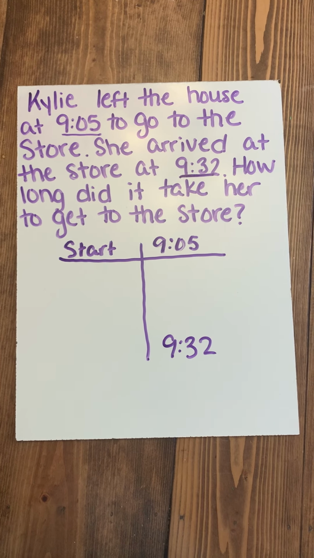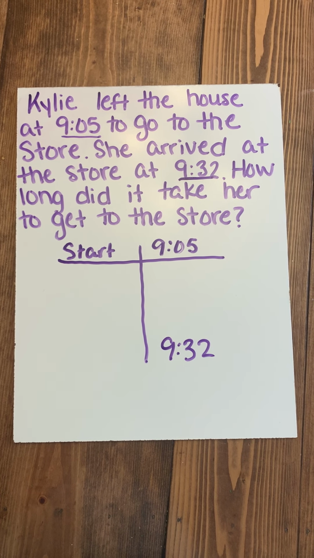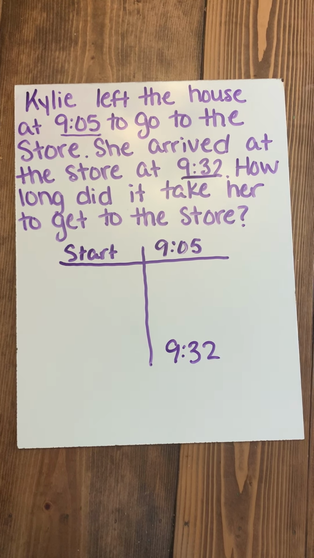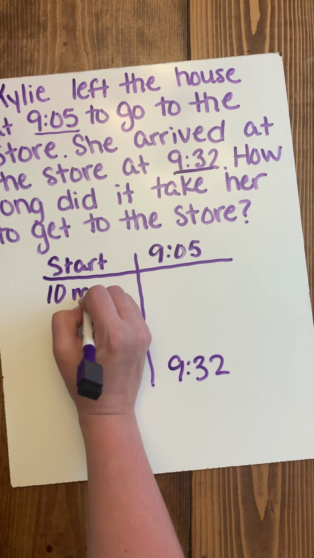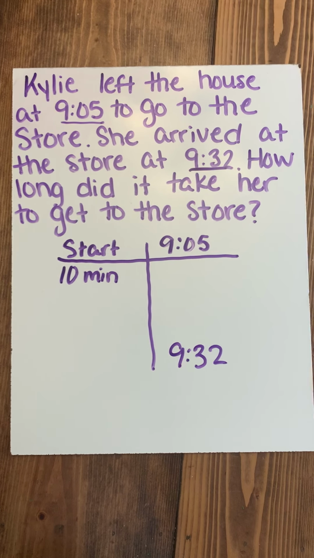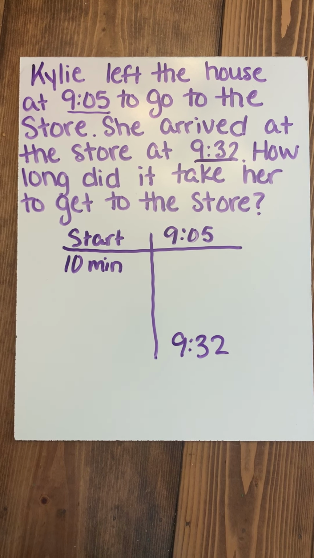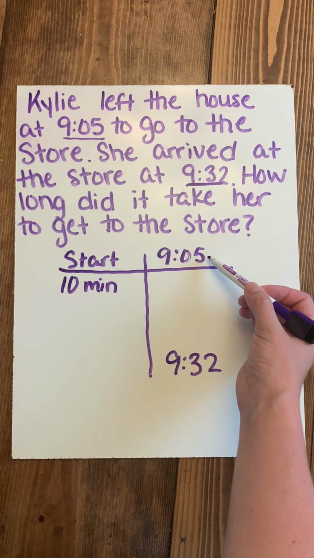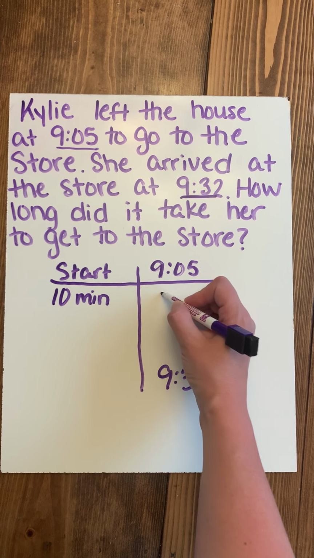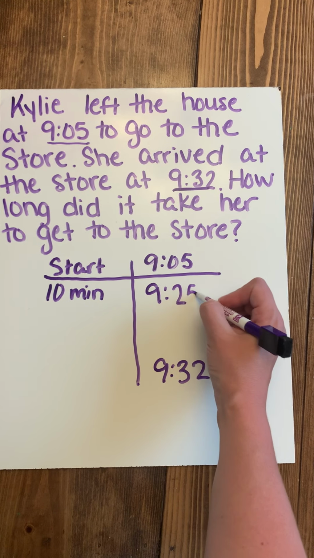So now I want to go in increments of 10 minutes and 5 minutes. So I'm going to add 10 minutes to 9:05. And I'm going to write that increment of time on the left-hand side under my start column. And then you take your time, 9:05 plus 10 minutes would be 9:25.